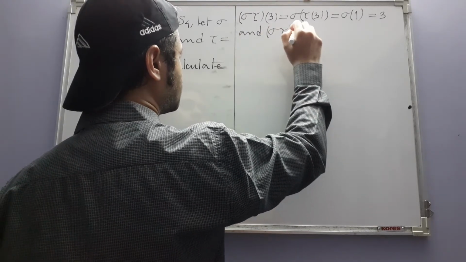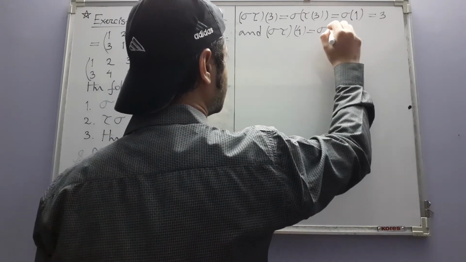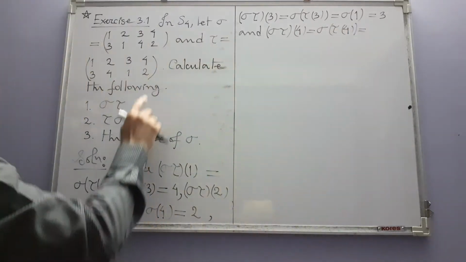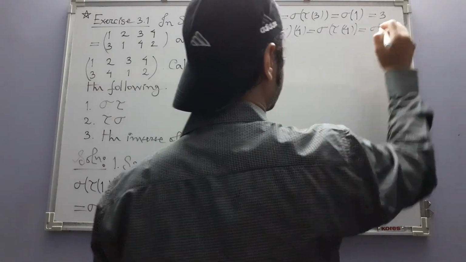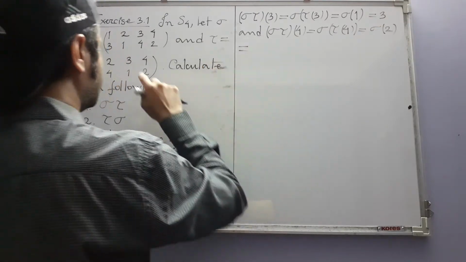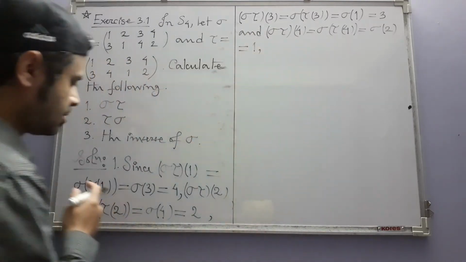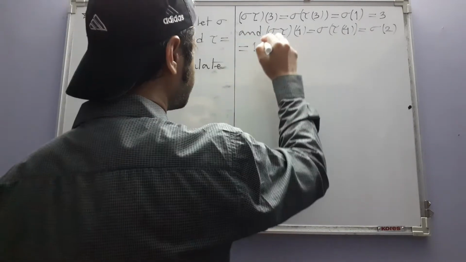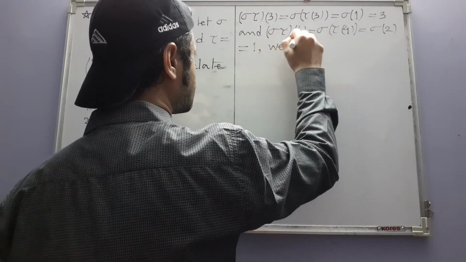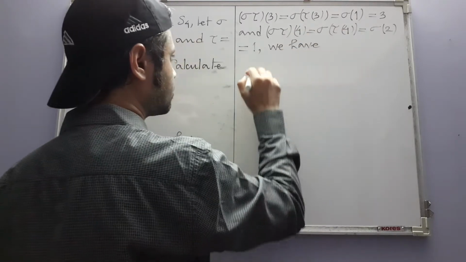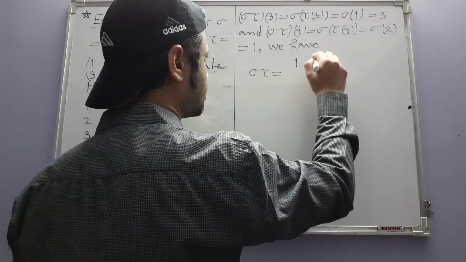and sigma composition tau of 4 is sigma of tau of 4. Tau of 4 is 2, so this is sigma of 2, and sigma of 2 is 1. Since we have these things, so we have sigma composition tau.